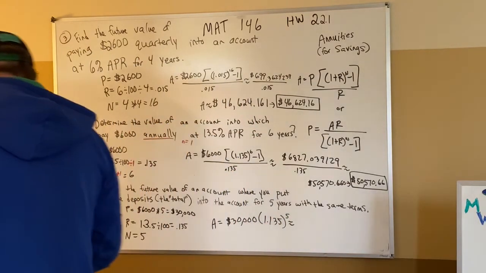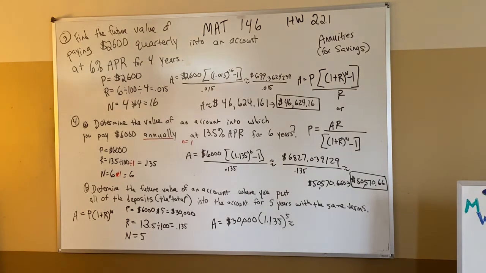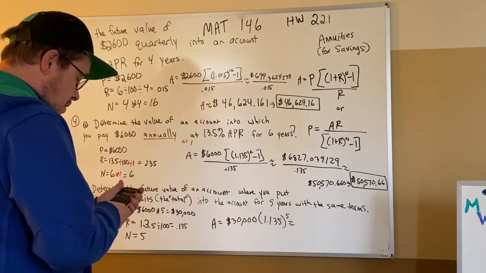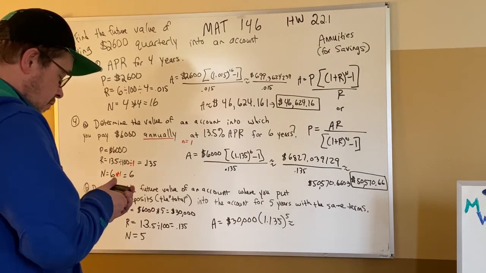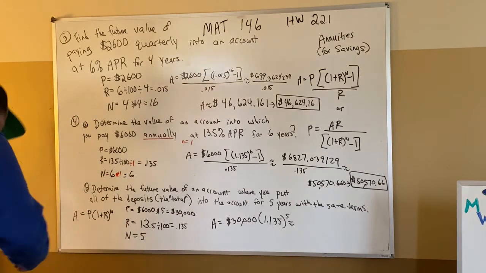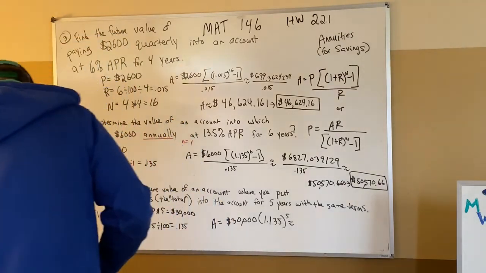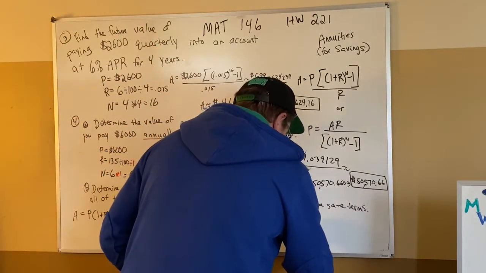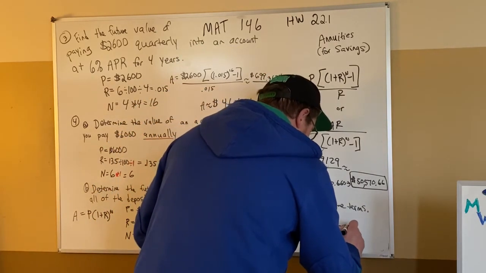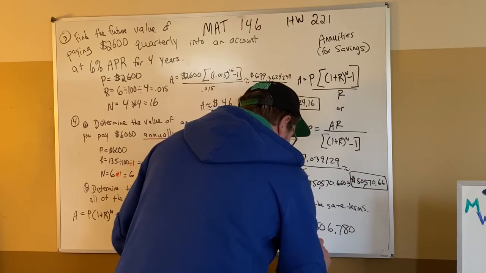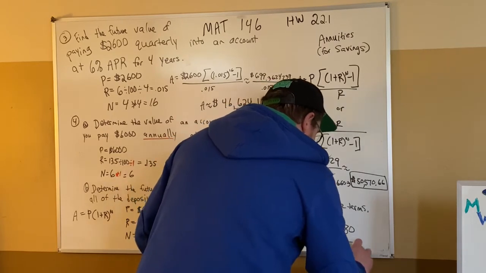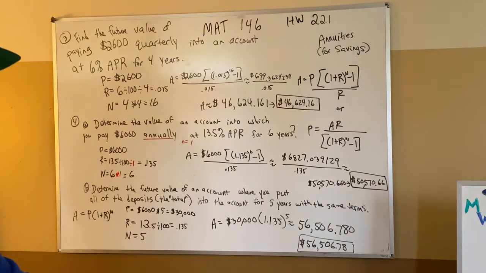Let's see what that equals. 30,000 times 1.135 raised to the power of 5, and it comes out as 56,506.78. That amount. Then you might be asked, which is a better outcome and by how much?